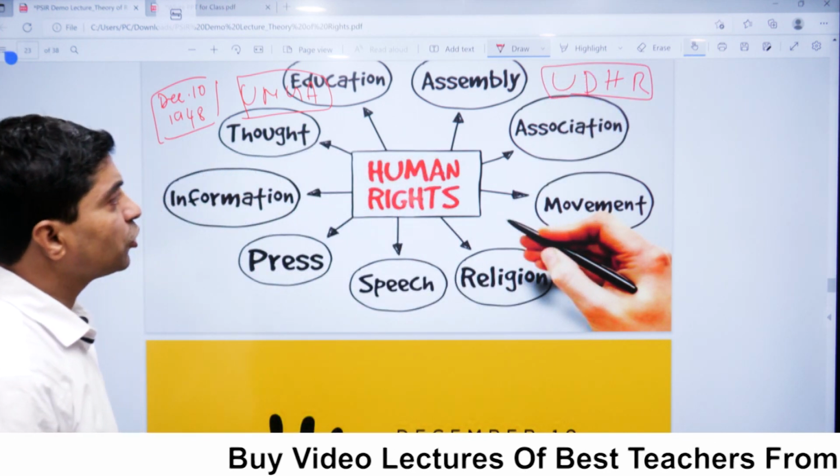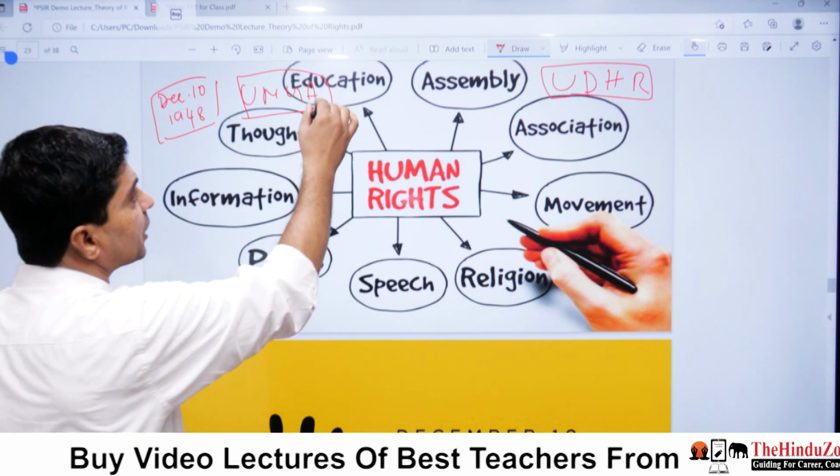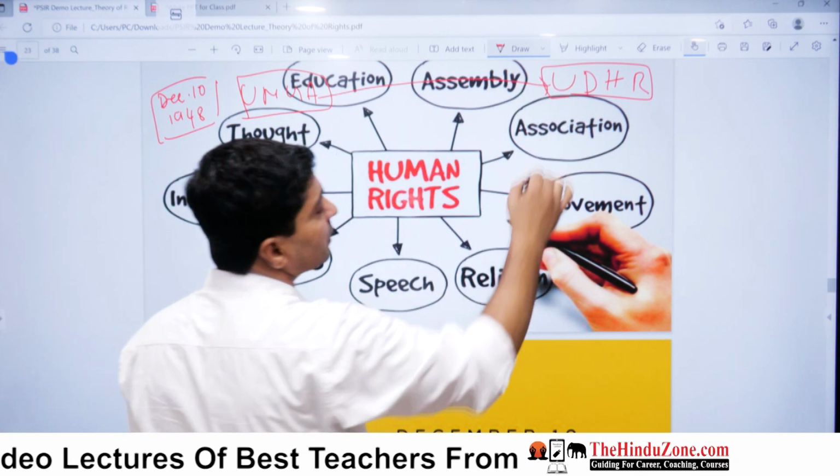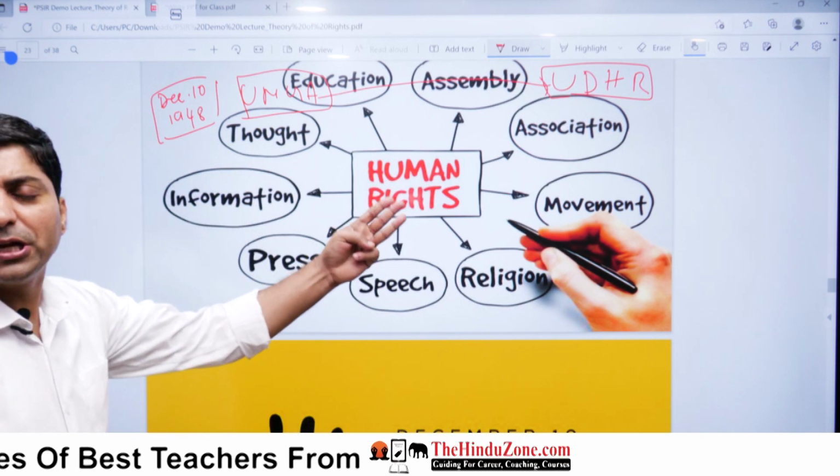The Universal Declaration of Human Rights is a 3-page document.